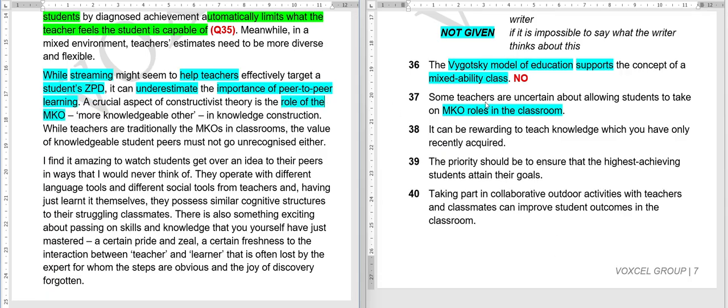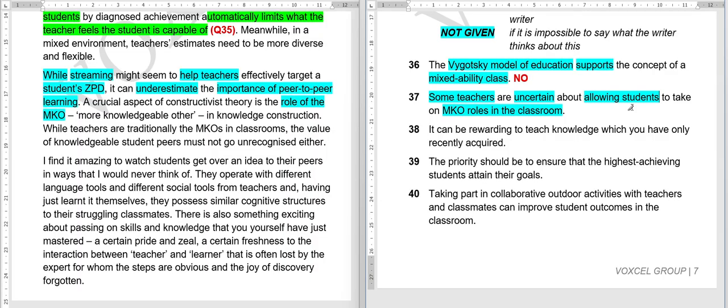Some teachers are uncertain about allowing students to take on MKO roles in the classroom. So some teachers are not so sure about allowing students to take MKO roles in the classroom. If that is the case, our answer will be yes.